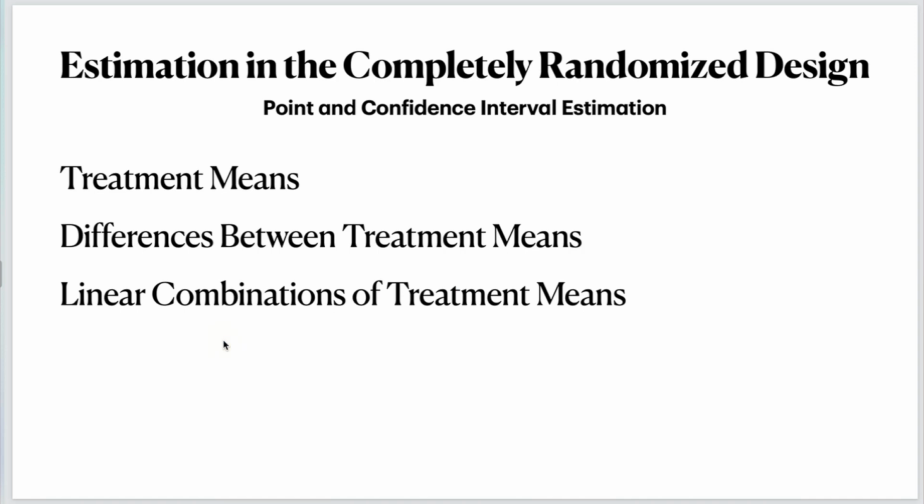You're not restricted to just looking at differences between treatment means. You can use these formulas to come up with point and confidence interval estimates for any linear combination of the treatment means that is relevant and makes sense in the context of a particular experiment.